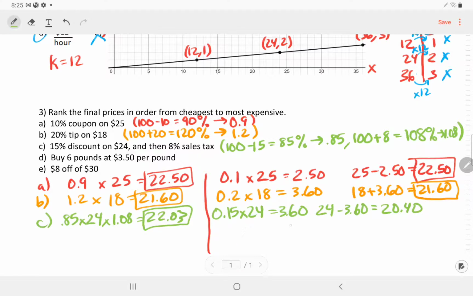Once we have the $20.40, which is after the discount, we would multiply that by 8% sales tax. So 0.08 times $20.40, we get $1.63. So we add the discounted price, $20.40, plus the sales tax, $1.63, and we get our final answer as $22.03.